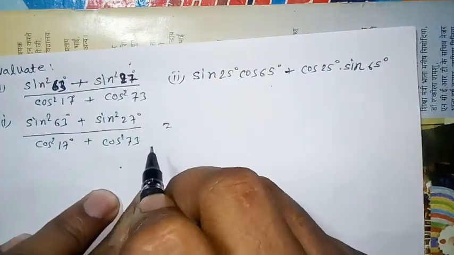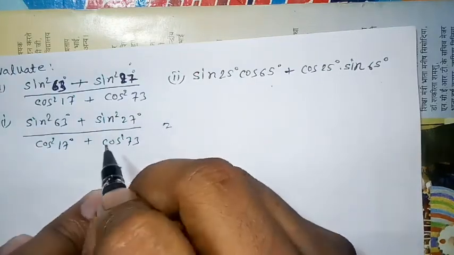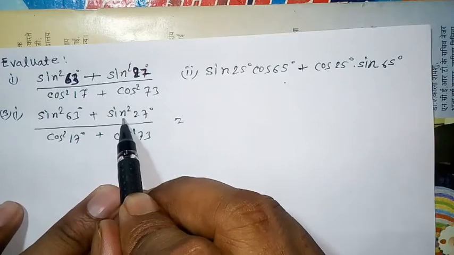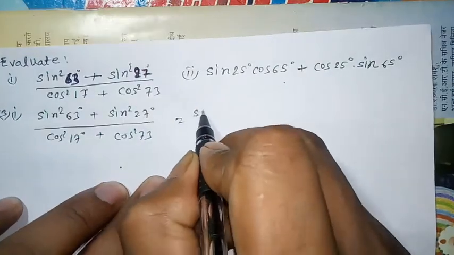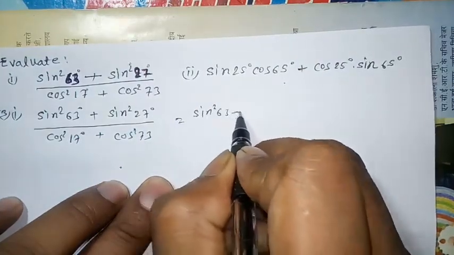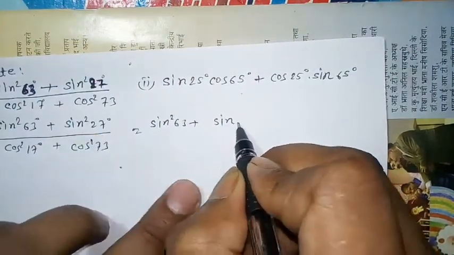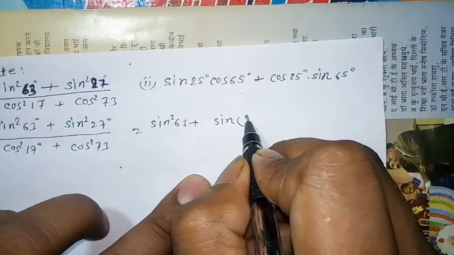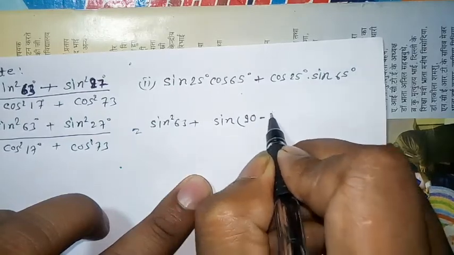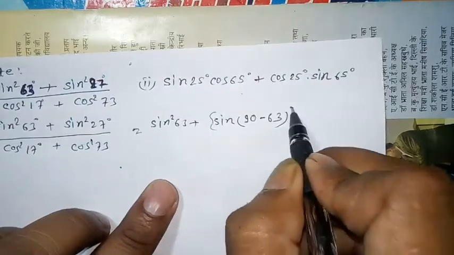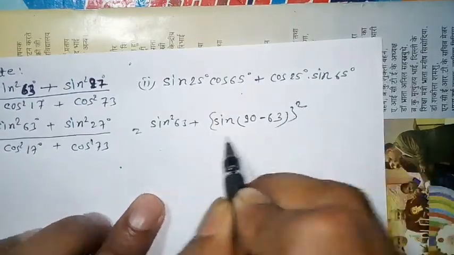Now I am going to change sin 27. Okay, sin square 63 plus sin 27, we write 90 degree minus 63, because 90 minus 63 is equal to 27. So sin 90 minus 63 the whole square.